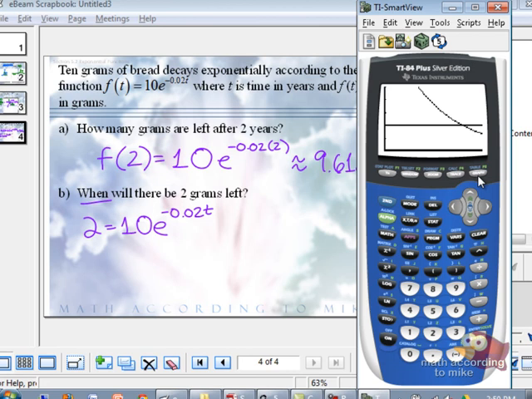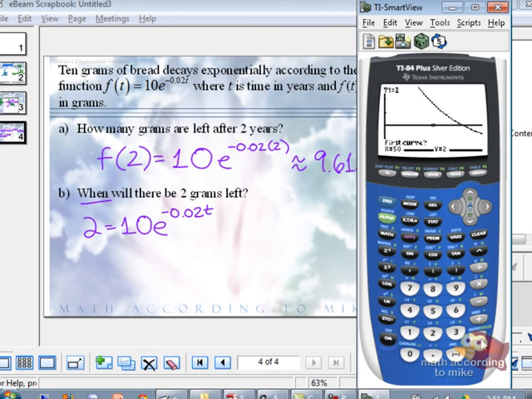There it is. To figure out where two lines intersect on your calculator, we're going to go to Second, Calc, Intersect. Your calculator asks you for three things.